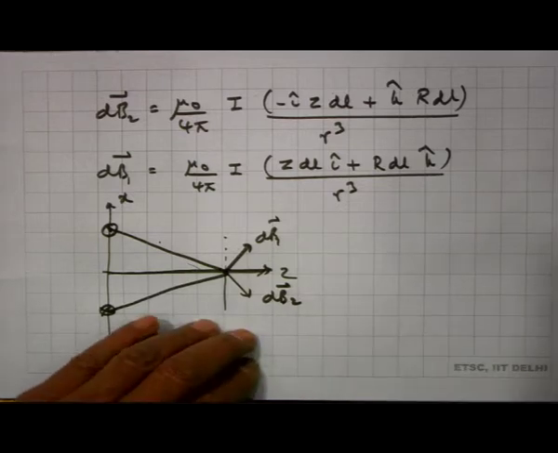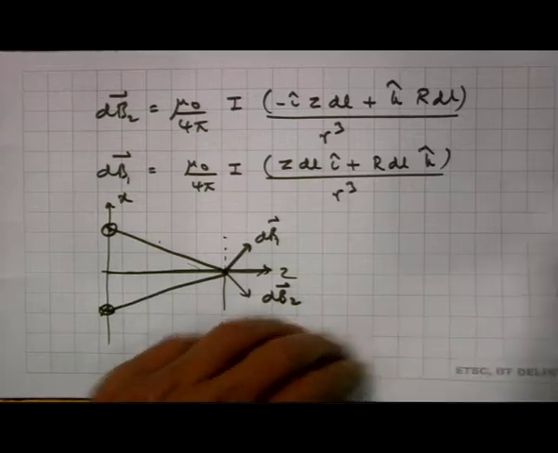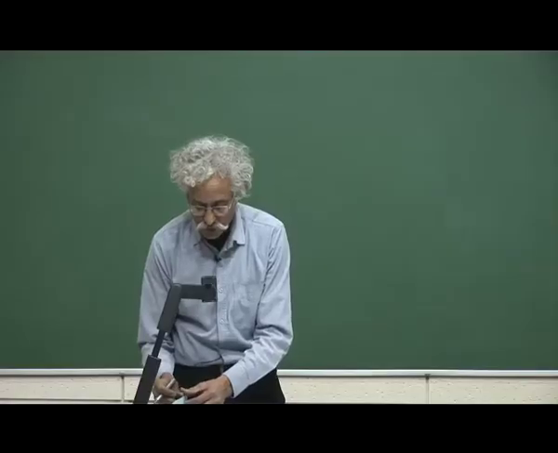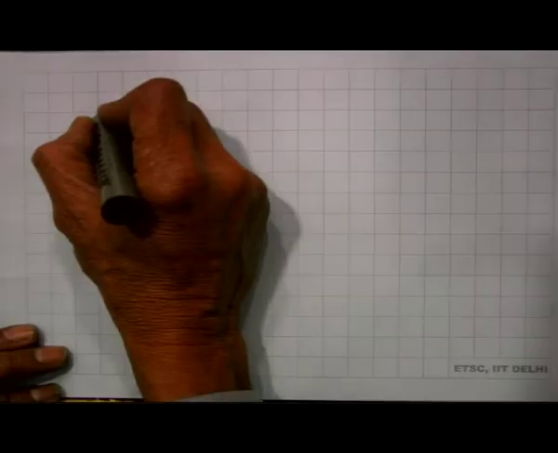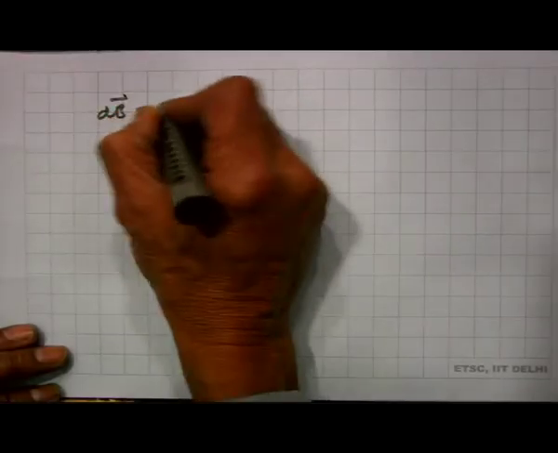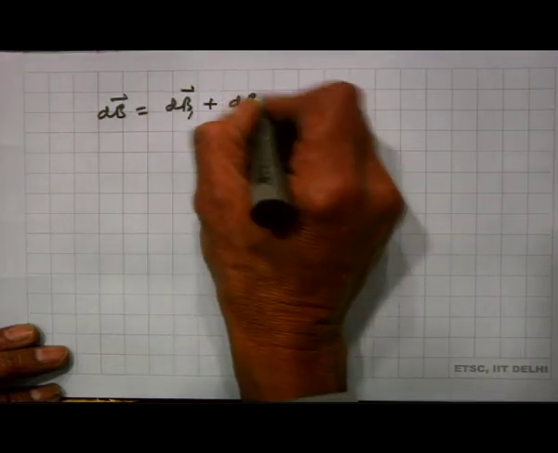And you can see here by a very simple calculation using vectors, we have found out that the x components cancel off and the z components add, and so I will get the total magnetic field that is generated at that point by the two elements: dB vector is equal to dB1 vector plus dB2 vector.